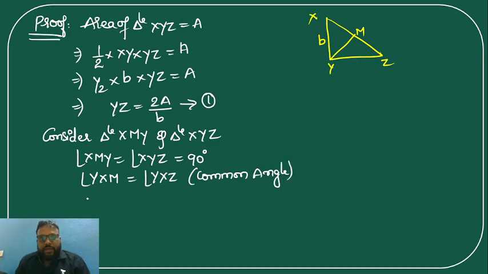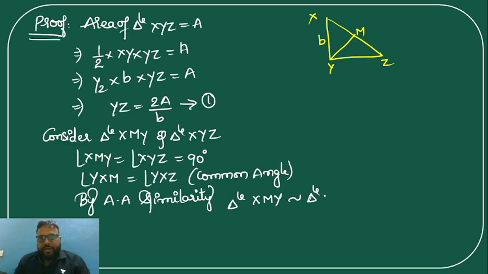So by AA similarity criteria, what can I write? I can write that triangle XMY is similar to triangle XYZ, right?